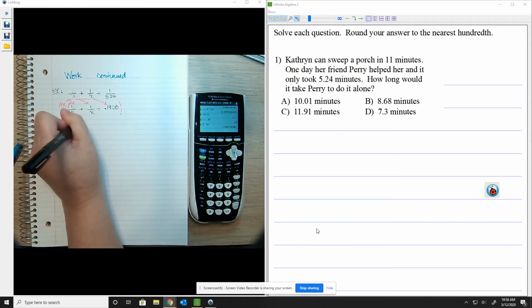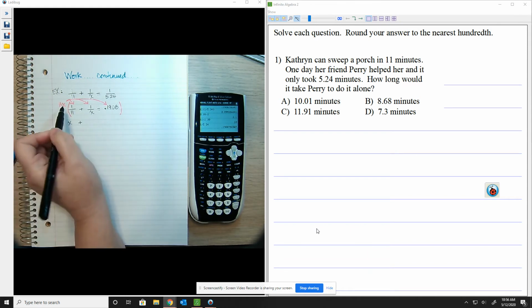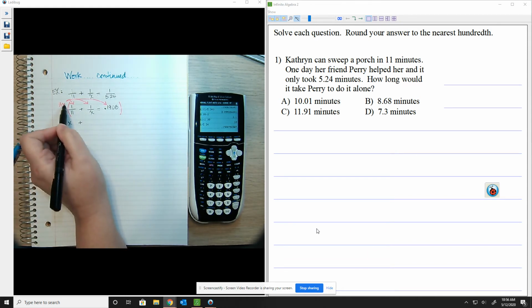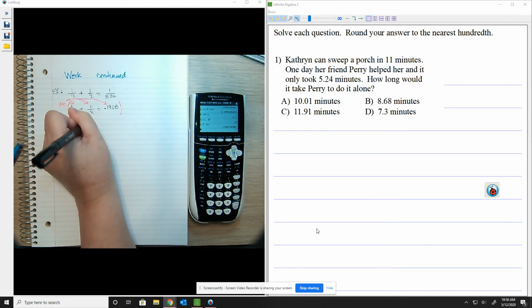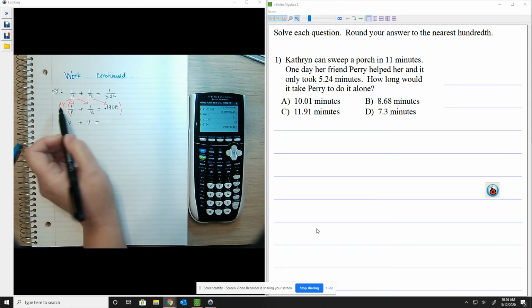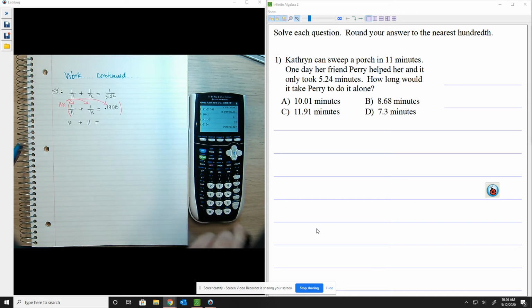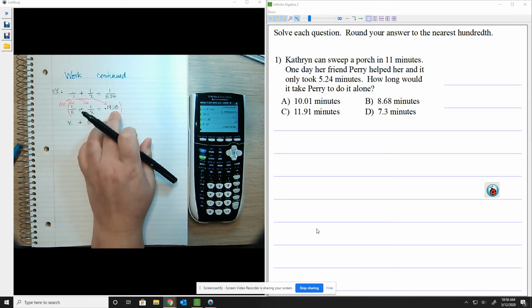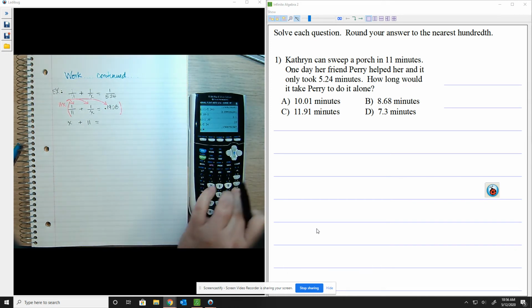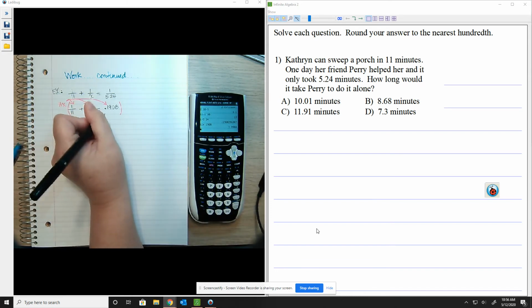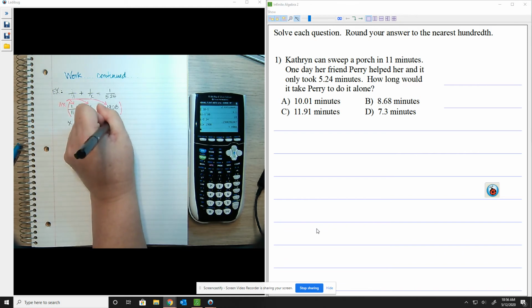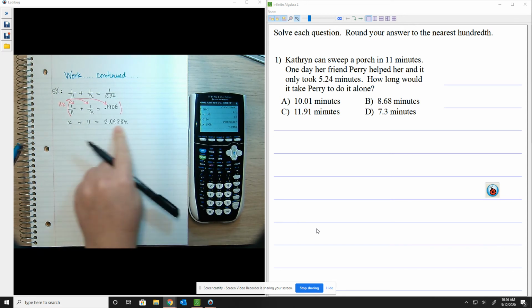So x plus 11x times 1 over x, well, the x's eliminate. So I'm left with 11 equals now 11x times 0.1908. So 11 times 0.1908. So that gives me 2.0988x.